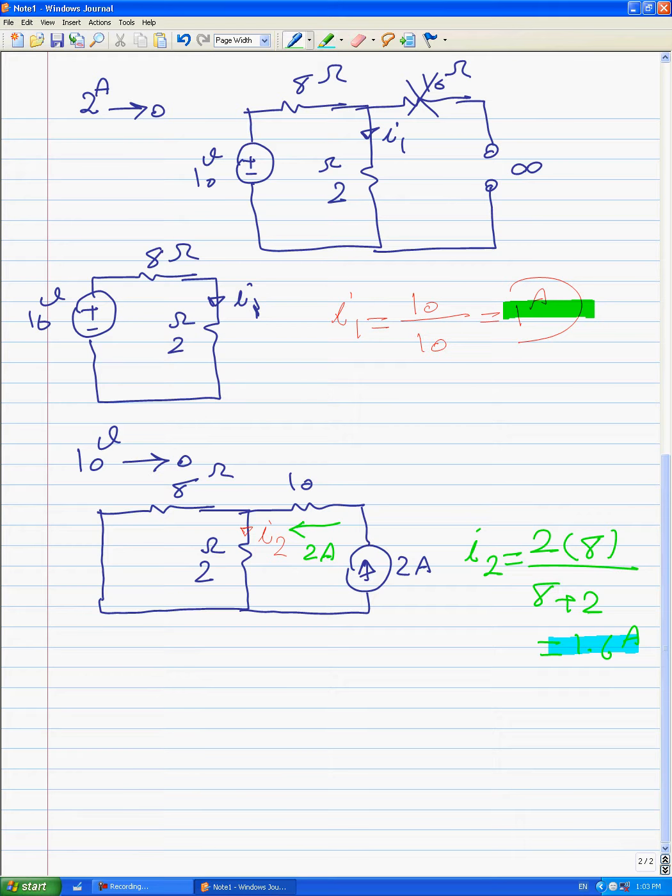And finally, I is equal to I1, the final answer for the first part, plus I2, the final answer for the second part. And the final answer should be 2.6 amps.